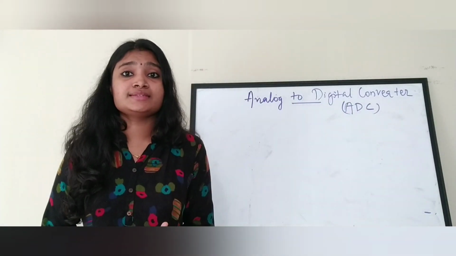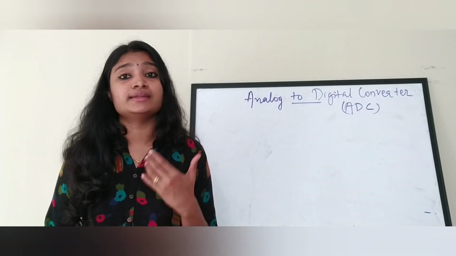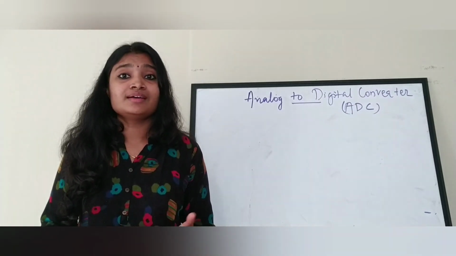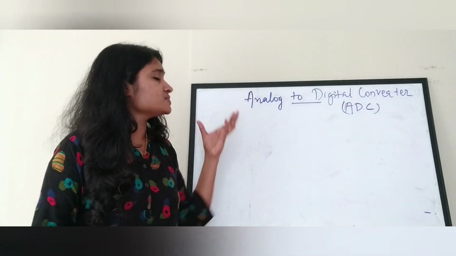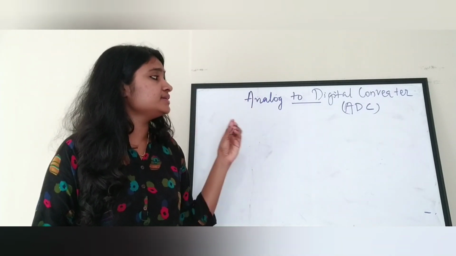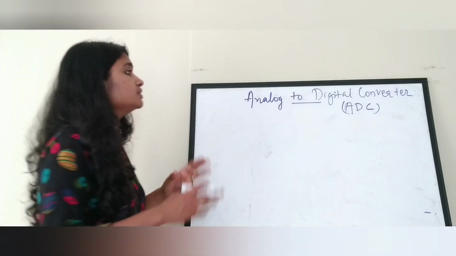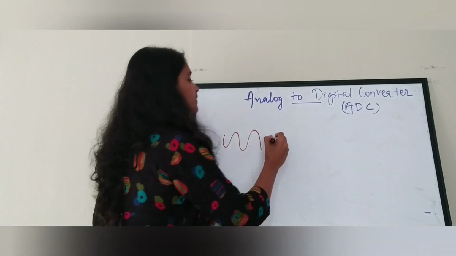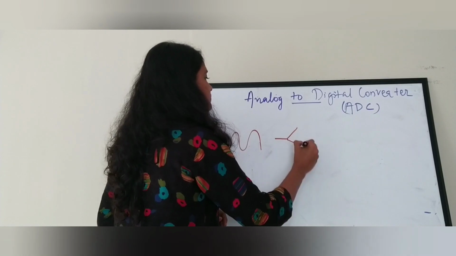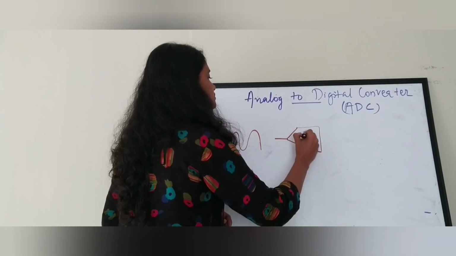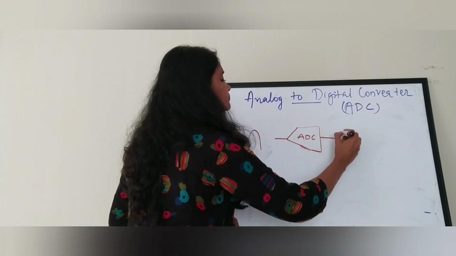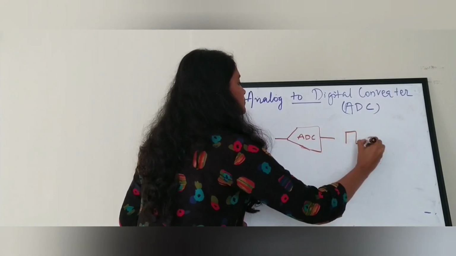So what an ADC is doing is, it takes an analog signal, because we know that in the real world everything is analog. The analog signal is taken by the ADC and it converts this analog signal to digital form.